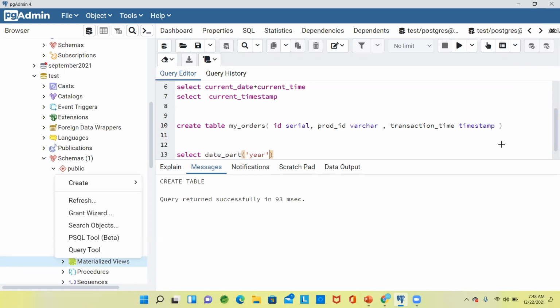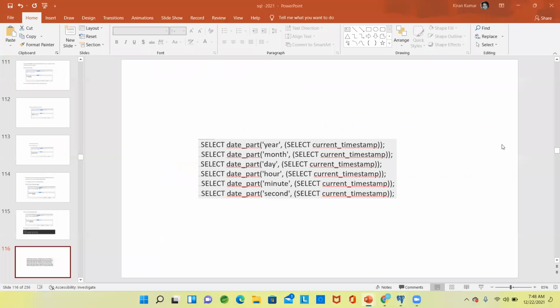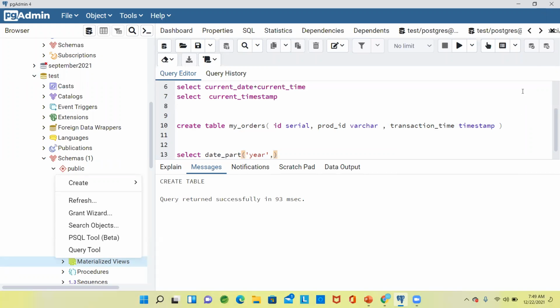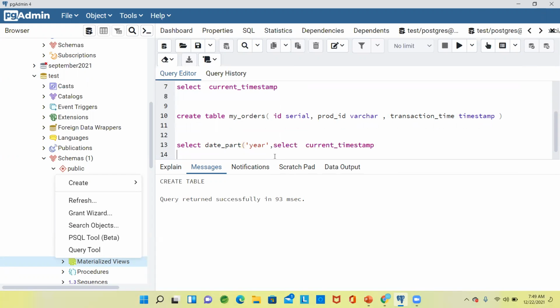So year. Okay, what will year do? Extract the year from where? The current timestamp. So it will take the query of a current timestamp. You need to pass the current timestamp.